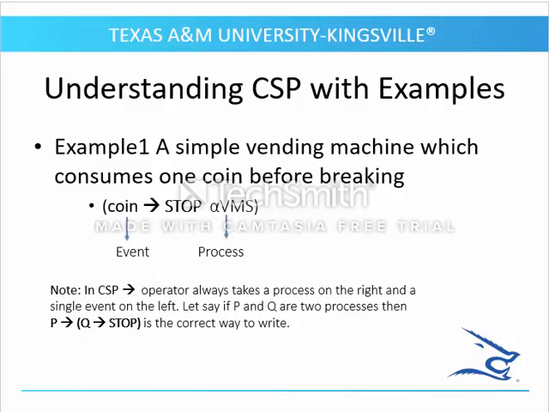Now let's understand CSP with examples. A simple vending machine which serves a customer before breaking would have the CSP notation coin, then it comes to a stop. We need to note here that the process is on the right side and a single event is on the left side.